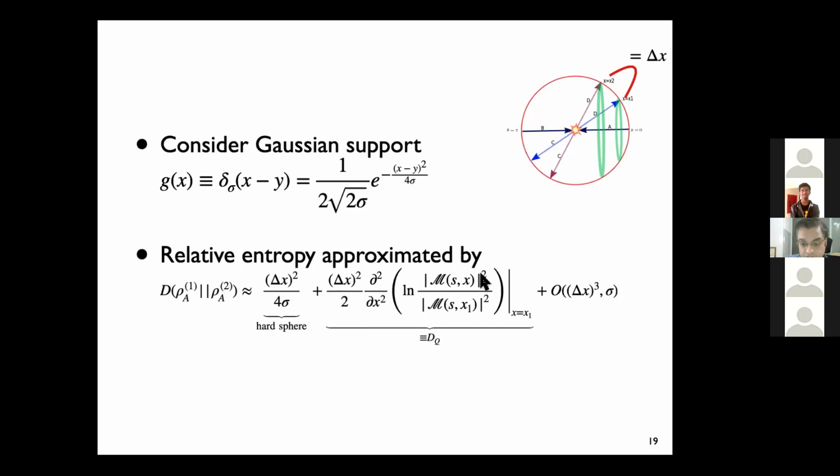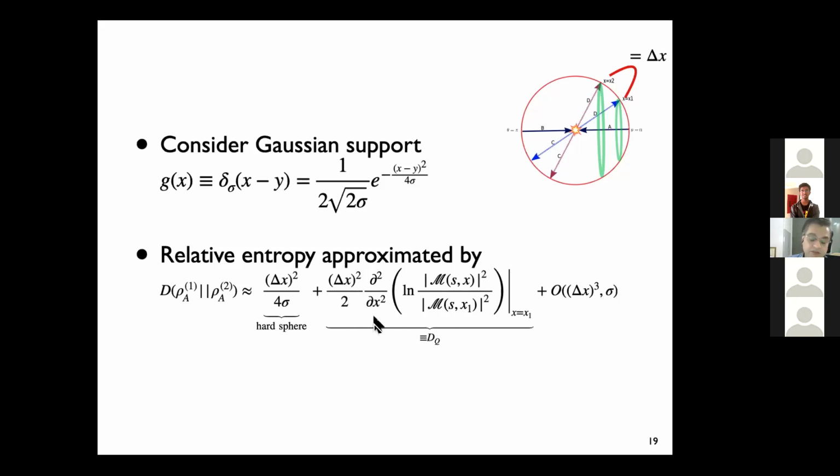The first subleading term, which I want to call dq, is an interesting object because it does not depend on sigma. The sigma dependence is there in the hard sphere part. This guy does not depend on sigma, so it's in some sense independent of the detector resolution, and then you would get subleading terms.